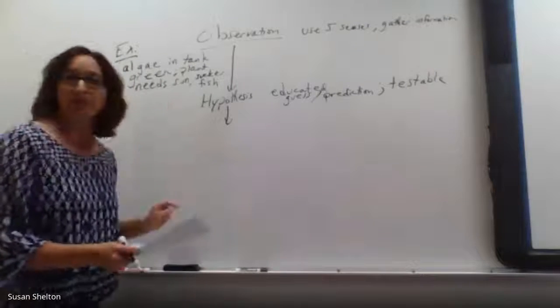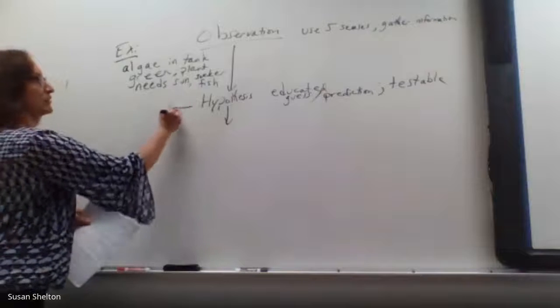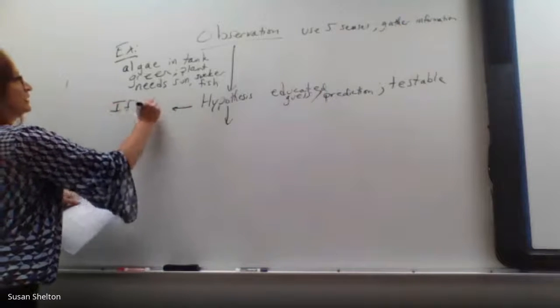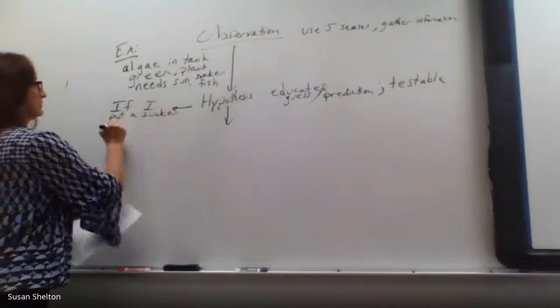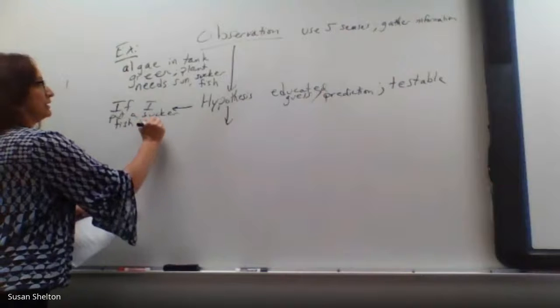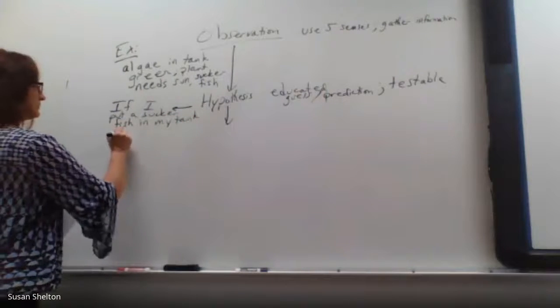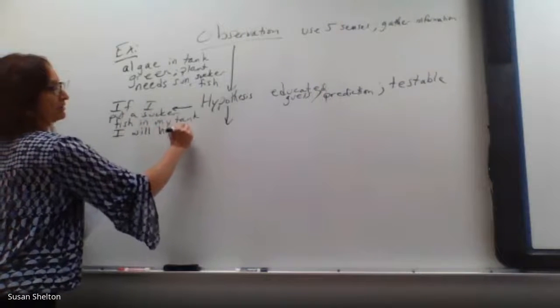So I'm going to go with the sucker fish. Let's write down an example of a hypothesis. An example of my hypothesis is going to be: if I put a sucker fish in my tank, I will have less algae.